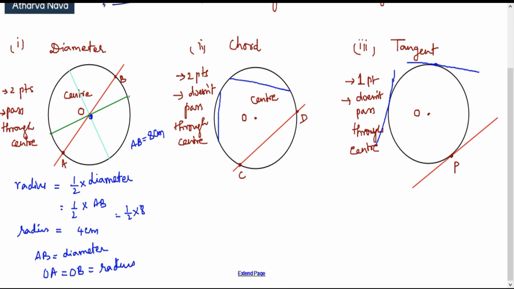From the center, this part is called the radius, in any direction. If there is a line from the center to the circumference of the circle, then you call it a radius. Okay? Right.